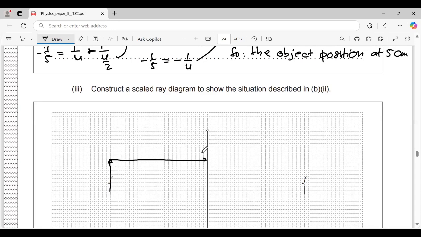And then through F, this is F. And then after this one is the third ray. And this is the image here.